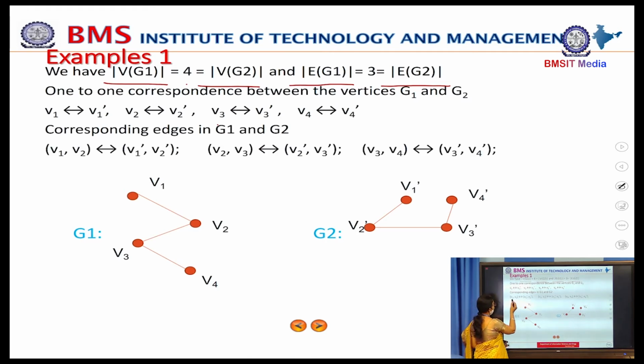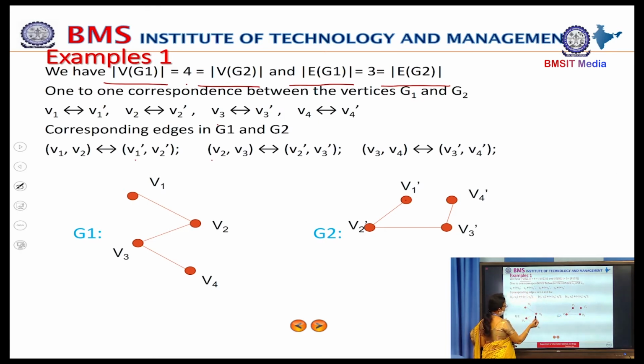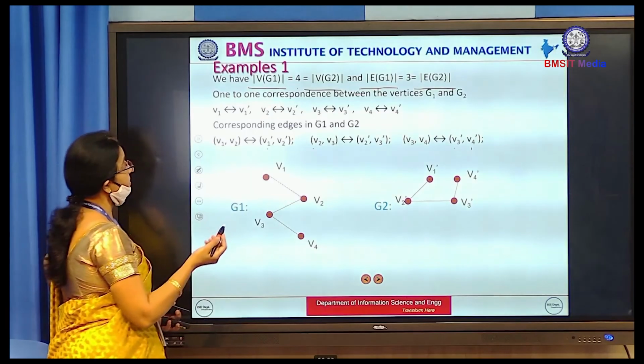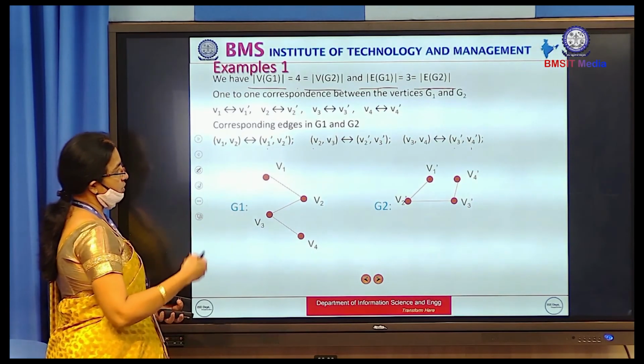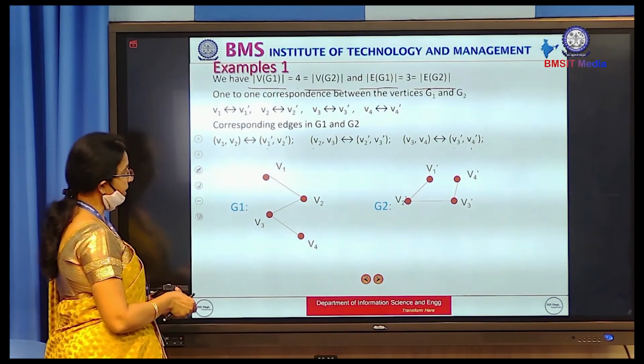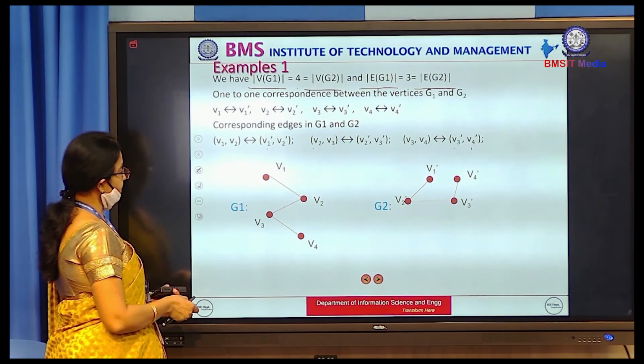Edge V1 to V2 I am mapping to V1 dash to V2 dash. Similarly edge V2 to V3 I am mapping to V2 dash to V3 dash, and V3 to V4 we are mapping to V3 dash to V4 dash. So the edges are also in one-to-one correspondence and they are preserving the adjacency.